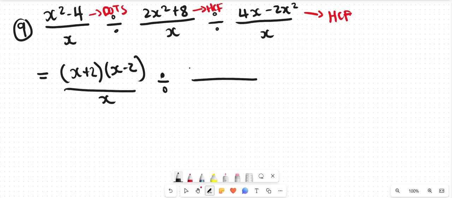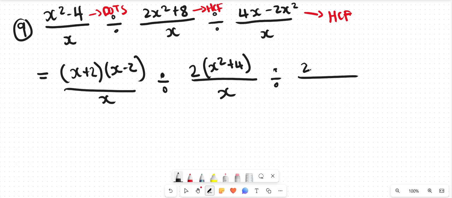If I take out a common factor of 2, I'm left with an x squared plus a 4. And if I take out a common factor of 2x, I'm left with the 2 minus an x. Sorry, minus an x, not an x squared.